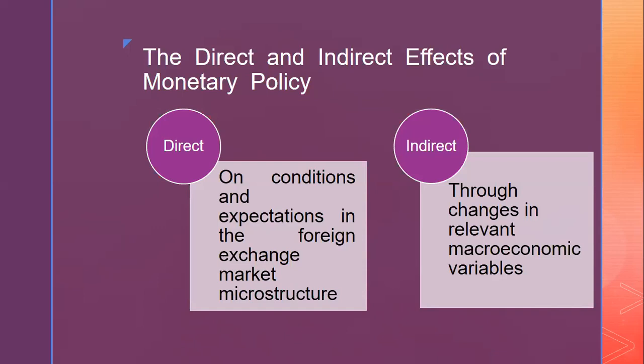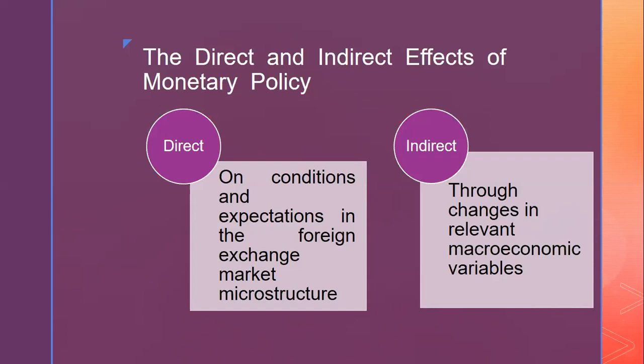So if we discuss with an example, in the long run, the monetary policy can influence the exchange rate as the purchasing power parity and the portfolio balance model predicts, right? This indirect approach might work relatively slowly because it takes time for the monetary policy to first influence the macroeconomic variables, later the exchange rate.